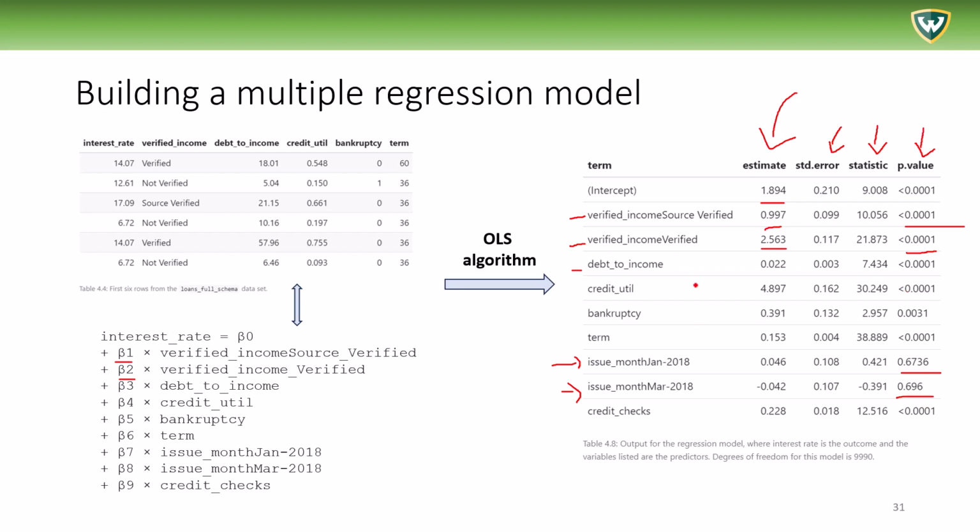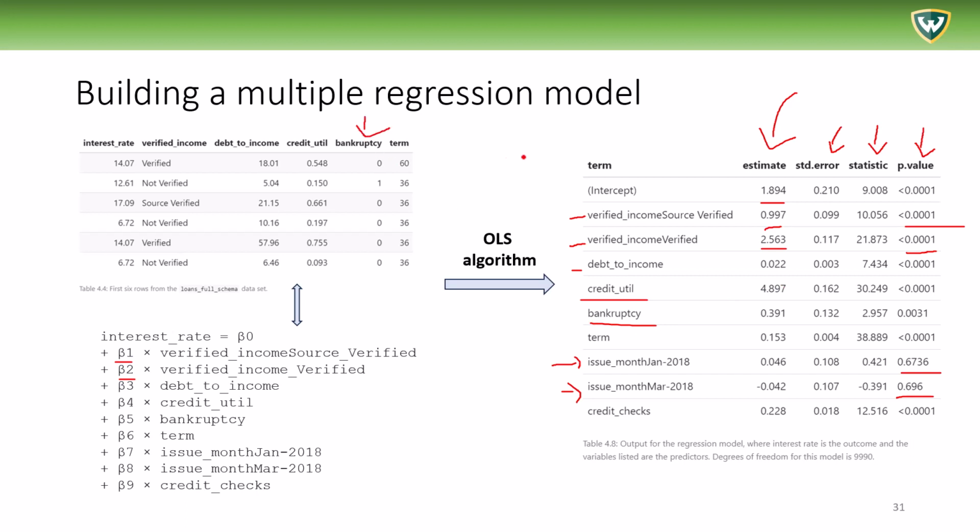So you have to know which of these are categorical and which of these are numeric. I remember credit utilization, I think, is numeric. So every additional unit of credit utilization increases interest rate by 4.897. Now, bankruptcy is actually binary in this data set.